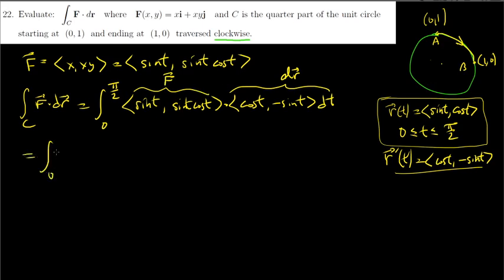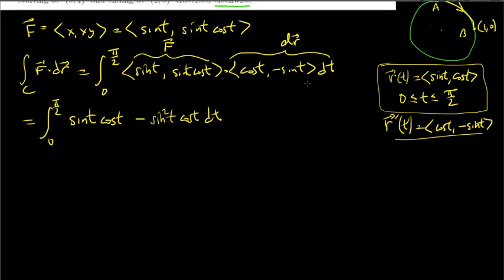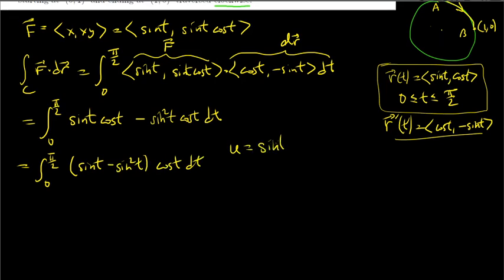All right, so for the dot product, we're going to get sine times cosine, and then plus, or in this case minus, sine squared times cosine. So this should just be a pretty basic substitution. If we think about this as sine minus sine squared times cosine, let u be sine.